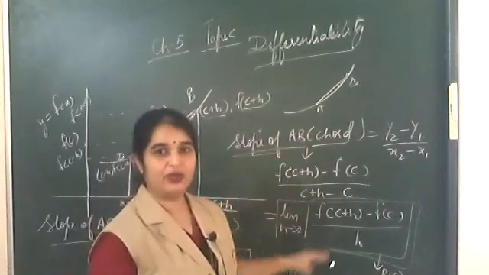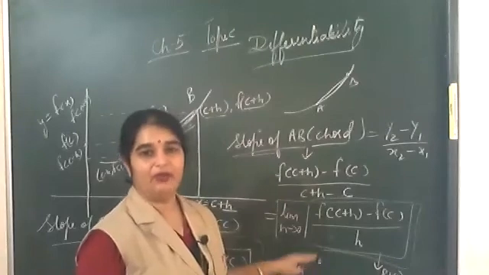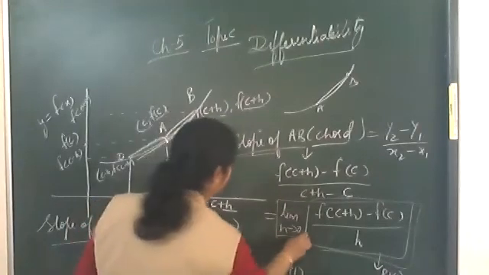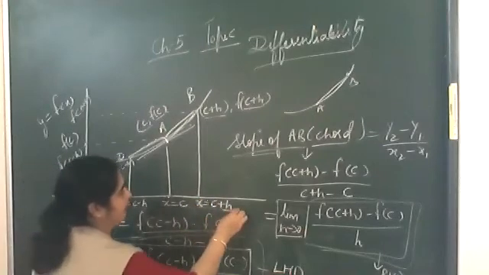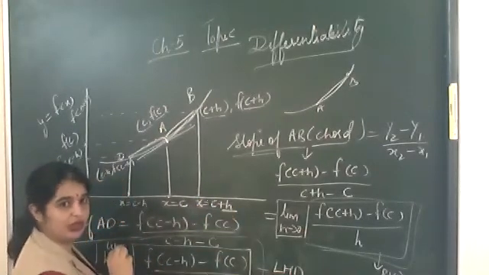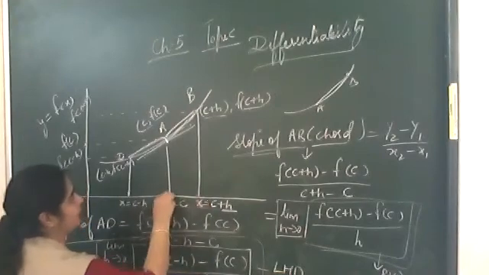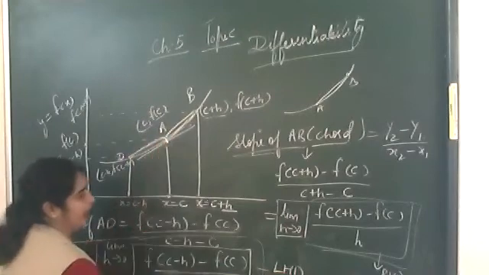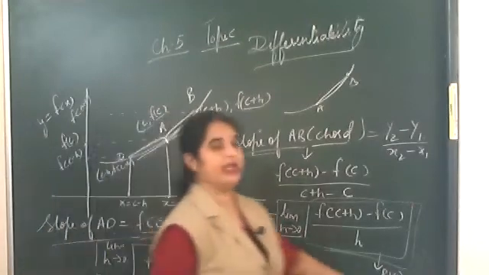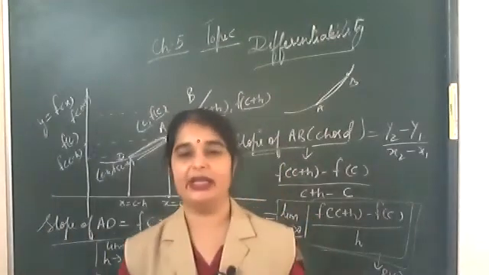But as soon as we put the limit, what are we doing? We are changing the limit and minimizing the value of x to 0. As soon as we minimize the value of x to 0, B will coincide with A, D will coincide with A, and we'll get the left hand derivative equal to the right hand derivative.